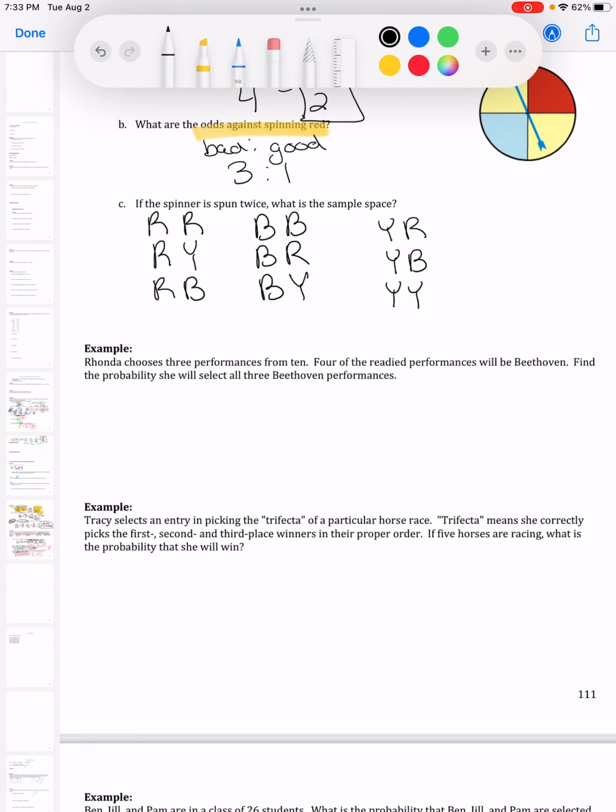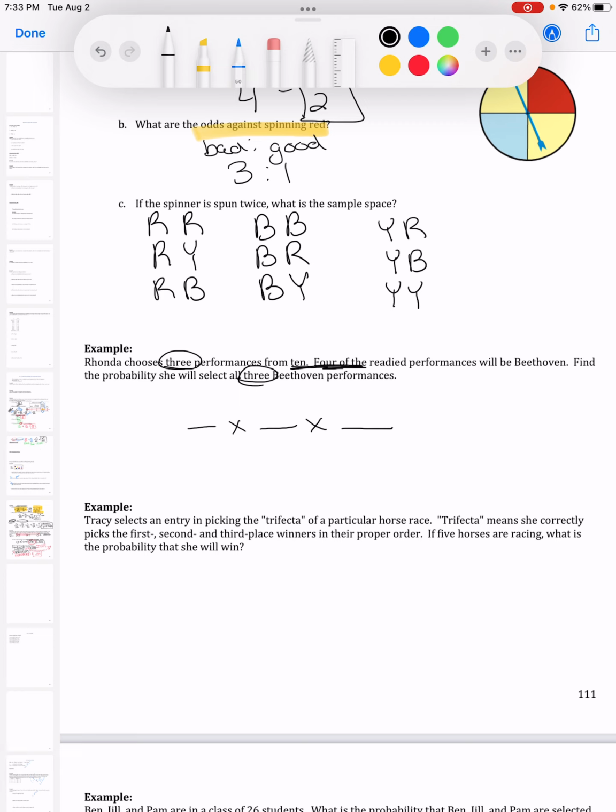So we've got 10 total. We're picking 3. Out of those 10, 4 of them are Beethoven. We want to find the probability that all the pieces we pick are Beethoven. So I'm going to use the number 3 here, because that is how many things I'm going to be multiplying together. The other numbers, this 4 and 10, are what I use for my probability.